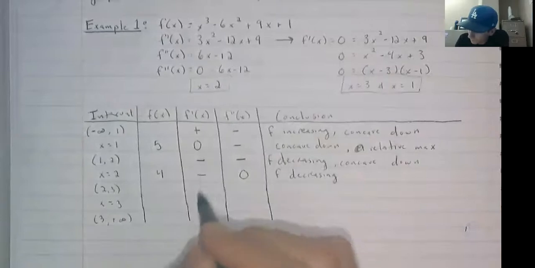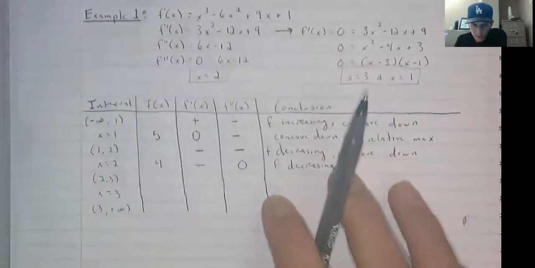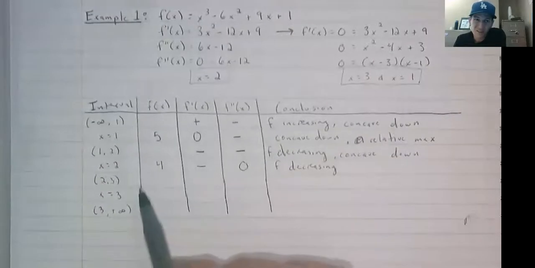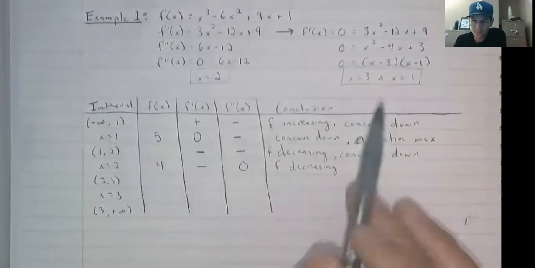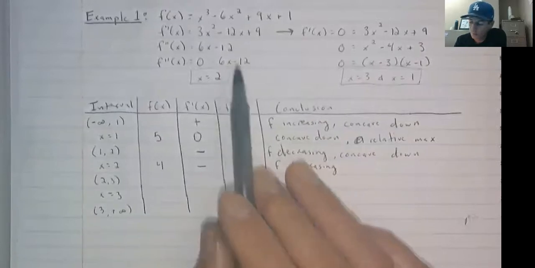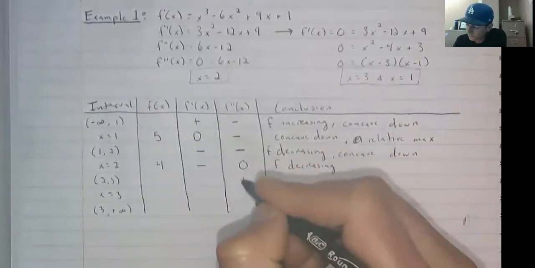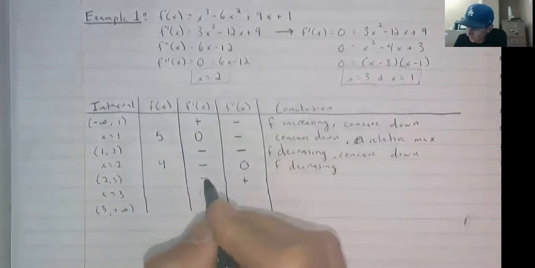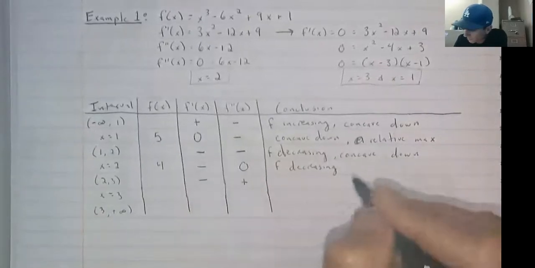Now, to the right here, this is the definition of the point of inflection. If we have like 2.5 as our input, 2.5 on our second derivative, that's positive. Here we're still negative, so we're still decreasing.